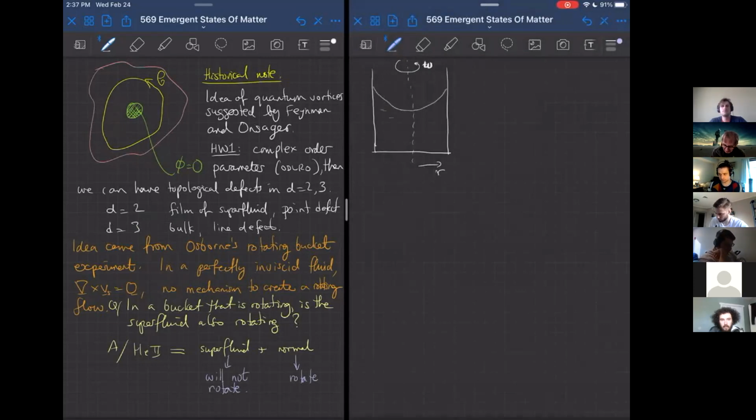So this is the fluid under here, and this meniscus has a shape, and the shape is that the height of the meniscus as a function of r is just going to be a parabola.